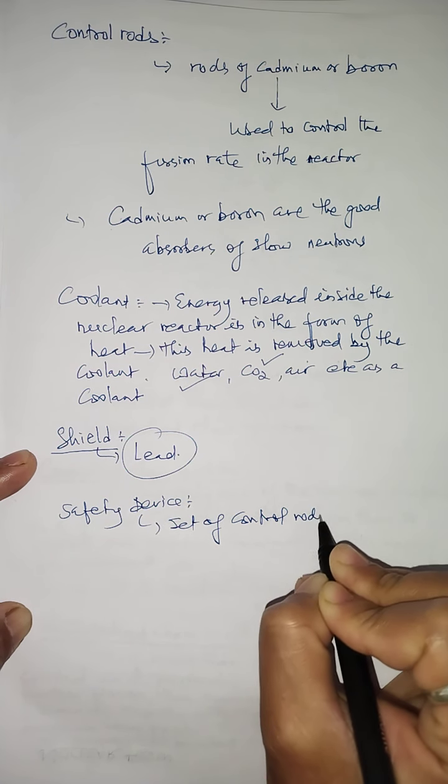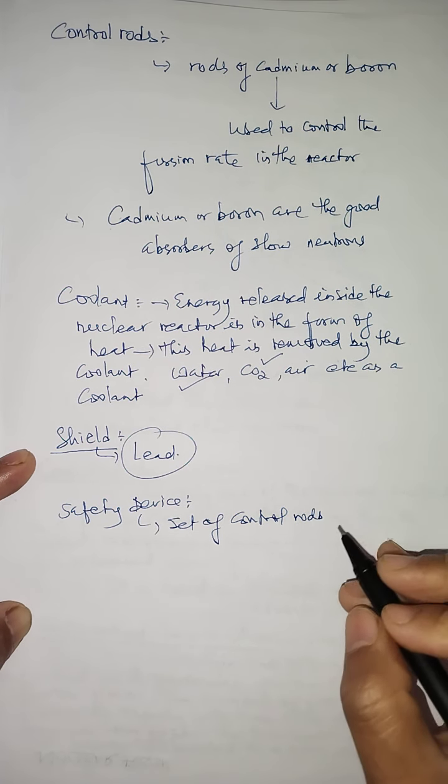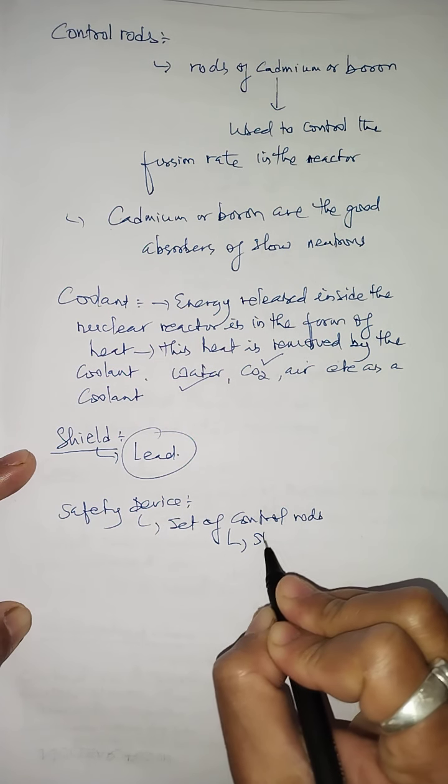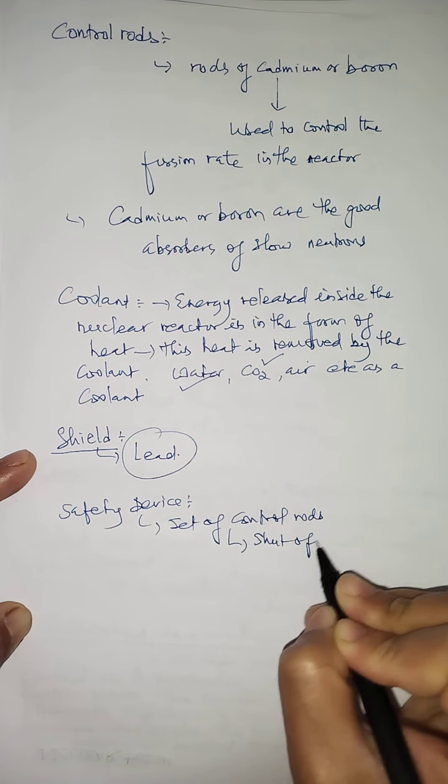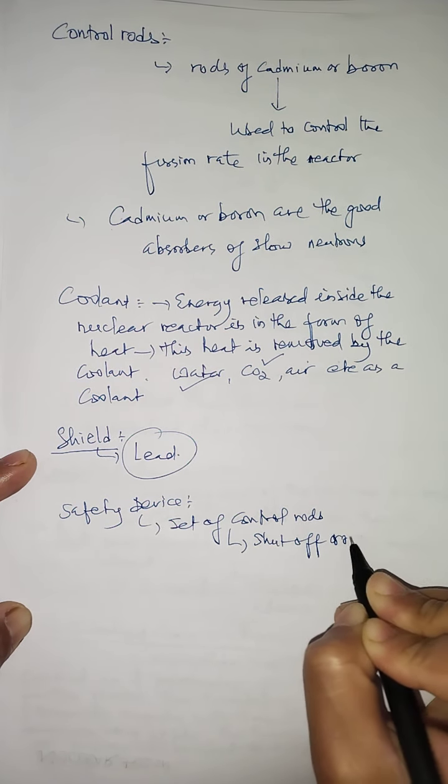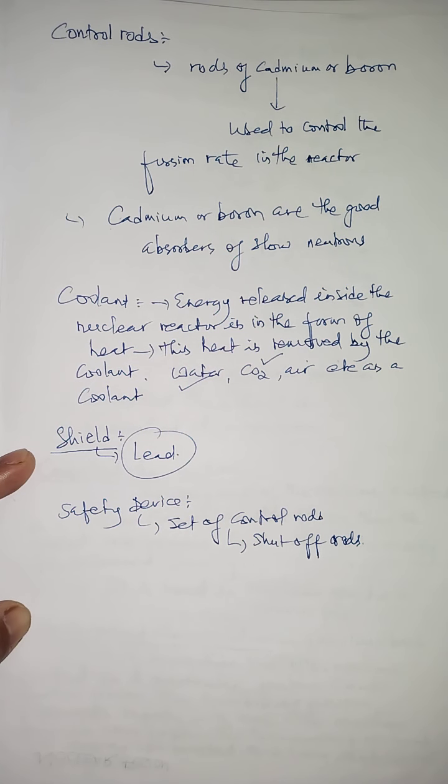Control rods. This control rod is also called scram rod, and it is used in case of any emergency or accident, and this rod immediately absorbs all the neutrons which are emitted in the nuclear reactor.